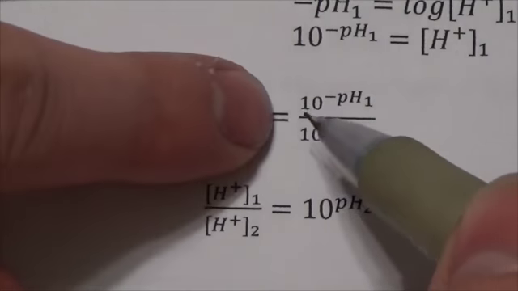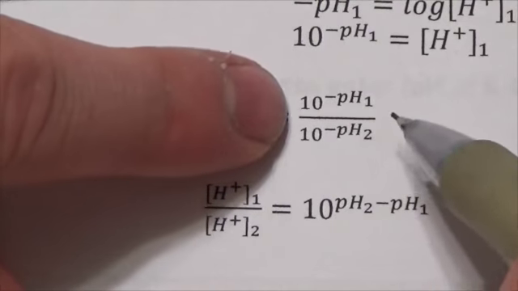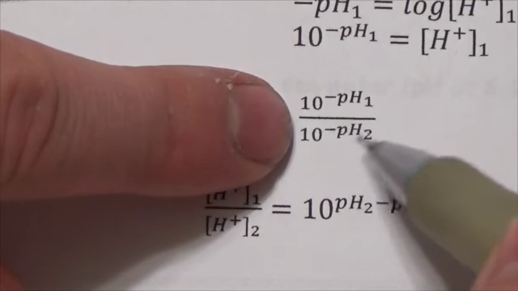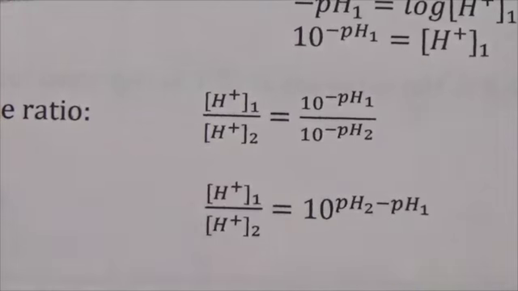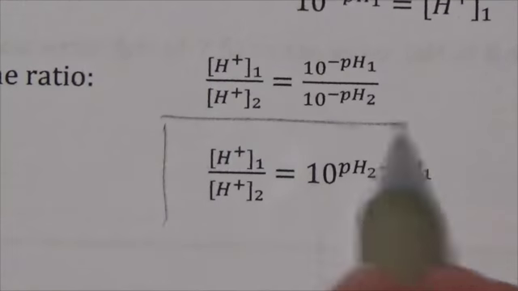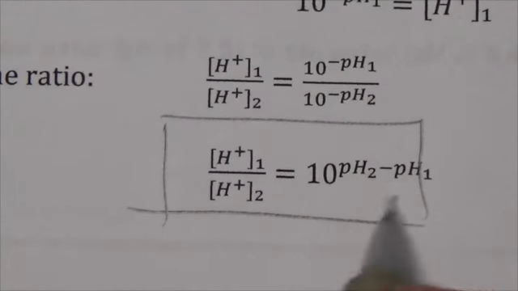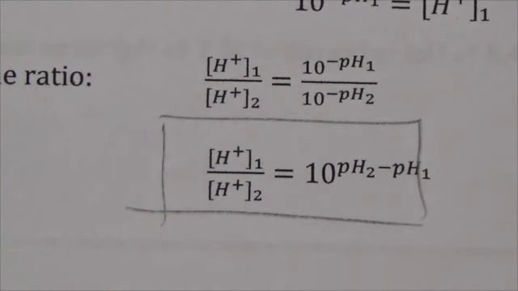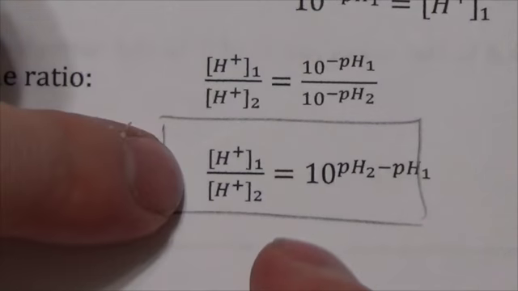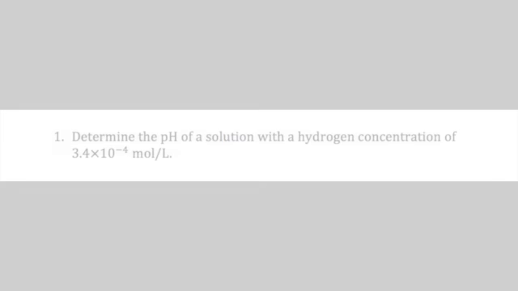So this became 10 to the negative pH of the first minus negative the pH of the second solution, so that turned into a positive. This is the formula that we want to use when we're comparing acidity. We'll take a look at some questions, and then you're going to see an opportunity to apply this in just a couple moments.